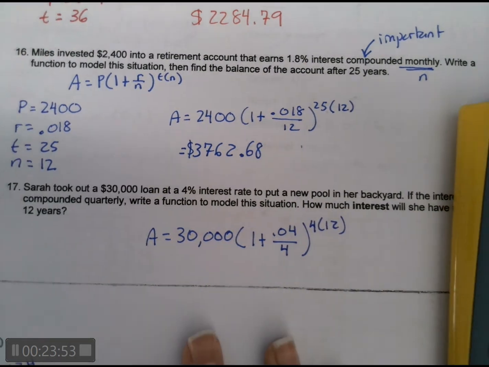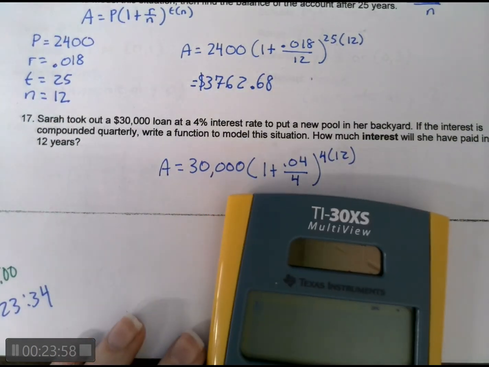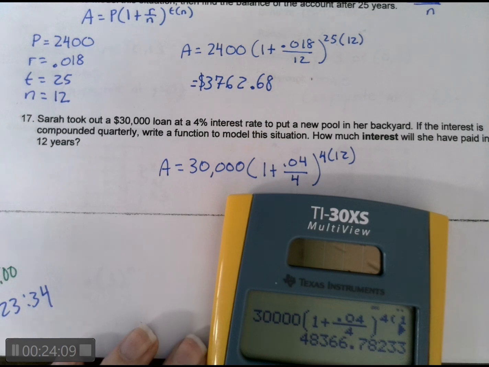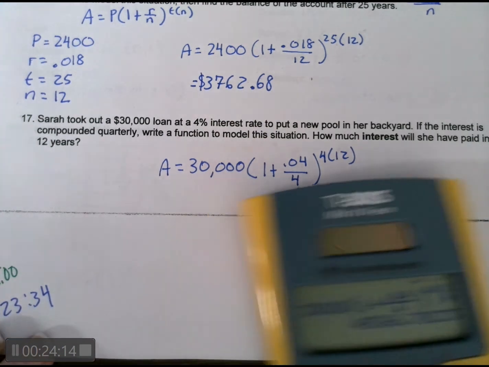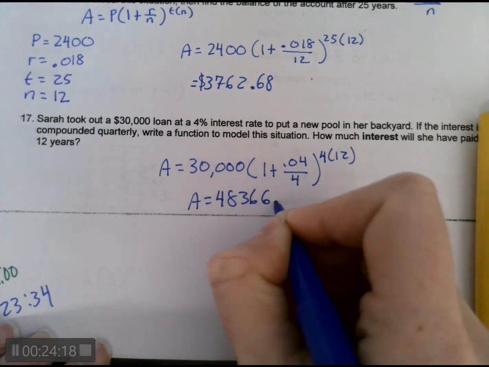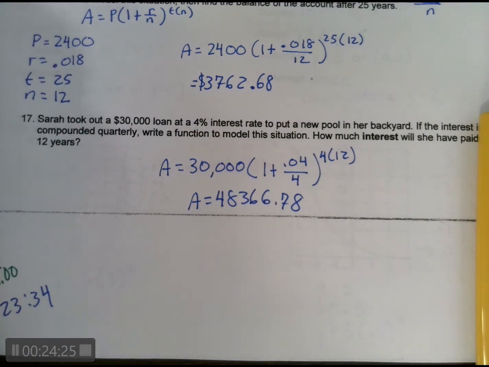And then when we put that into our calculator, we should get $48,366.78. Alrighty, and that is our test review. So good luck on your test, guys.